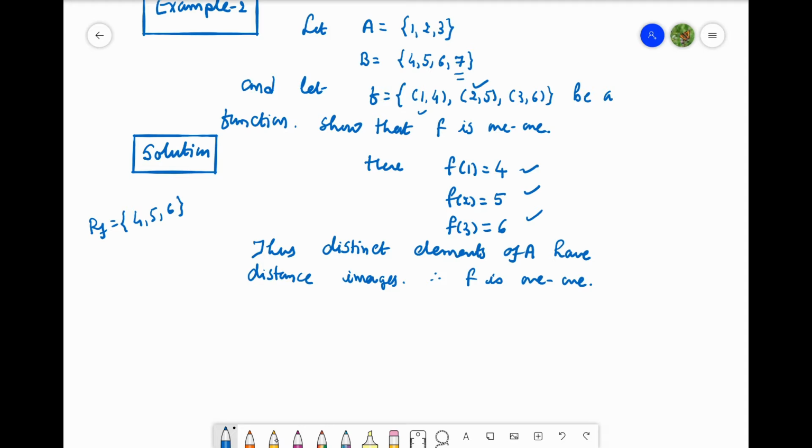But in the codomain there is a 7, so the range is not equal to B, the codomain. So this function is one-one but not onto. For our understanding, we only have to discuss whether it is one-one or not, but it is one-one but not onto, since the range is not equal to the codomain. Next example.